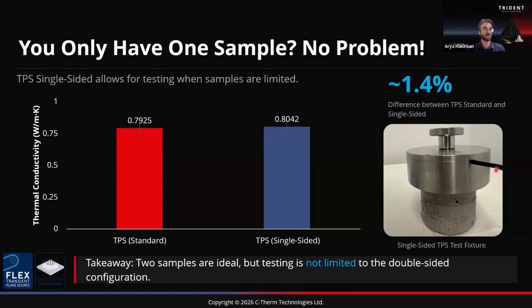You can see the TPS, this is the single-sided test jig, so you can get one that comes pre-assembled like this. You just drop it down on the surface of interest for measurement. So again, when you're dealing with your sample considerations, prep time versus sample availability, there are different options to look at in terms of getting you good thermal conductivity data.